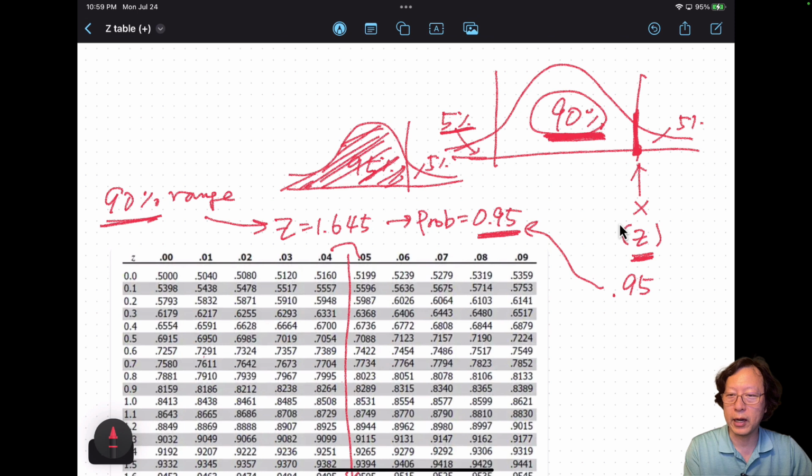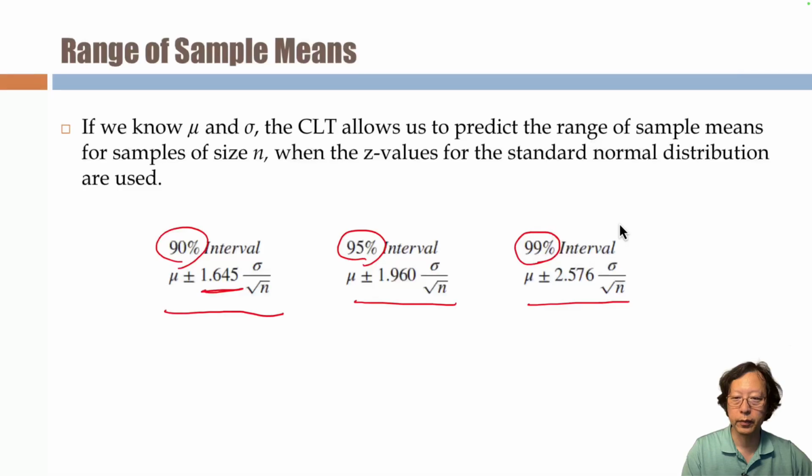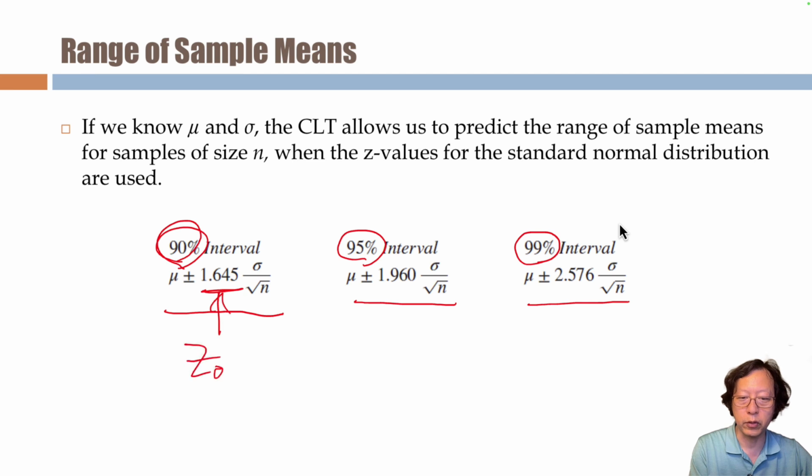Even though this is a 90% range, we have to look for the probability 0.95, and then we get a z-value of 1.645. So it's a 90% range, but this z-value is actually the 0.95 z-value.